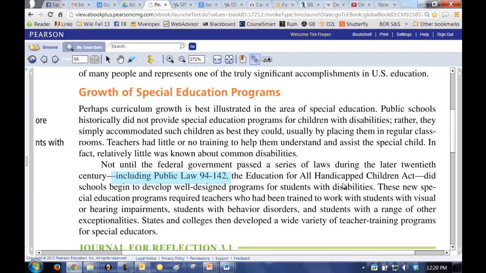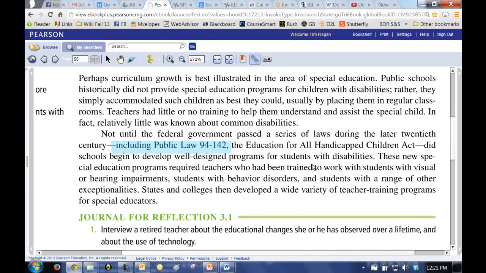Rather than try and define who could be and who couldn't be, 94-142, and they've had to update it a bunch of times, put more teeth in it because schools wouldn't comply, but now this is the law of the land, that all students are entitled to a free, appropriate public education, a FAPE, and you can put that acronym in your notes if you want.